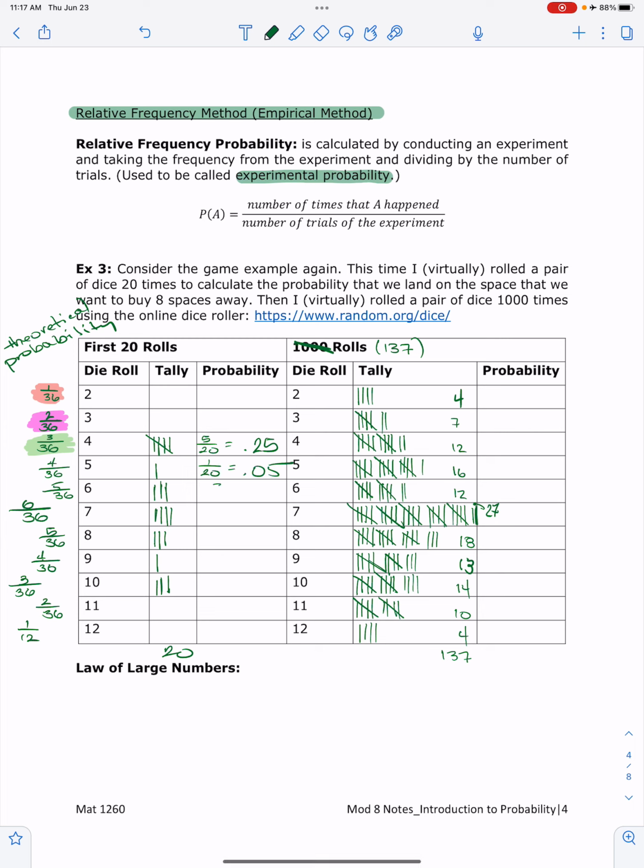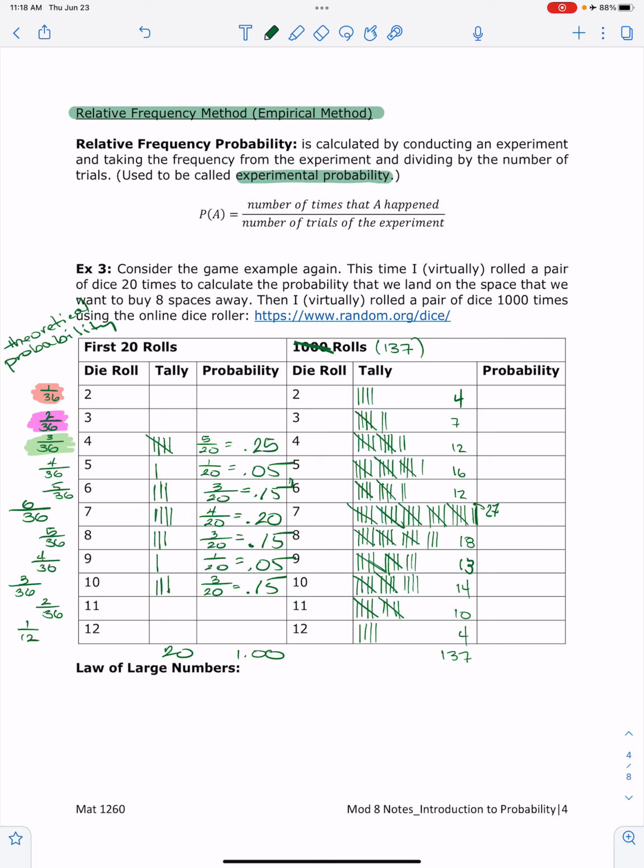I rolled a 6 3 times. 7 happened 4 times. 8 happened 3 times. 9 happened once. 10 happened 3 times. I'm going to add all those together to make sure that I get 1.